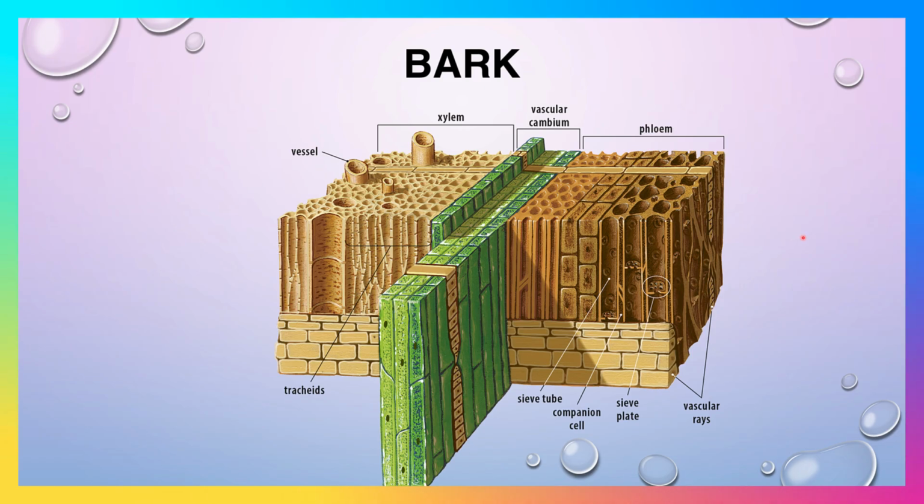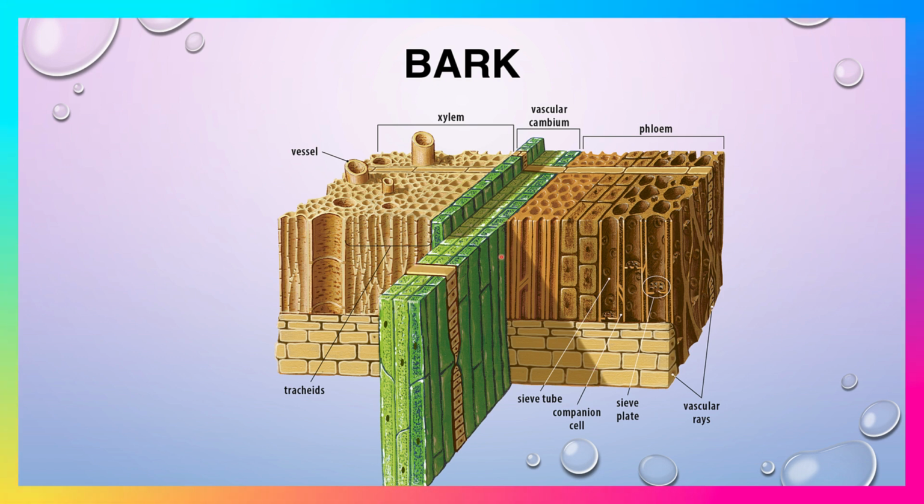So again, if we look at the bark, we start in this area with the phloem, and the phloem is made up of sieve tubes and sieve plates, and then in between phloem cells are companion cells that support. Now these vascular rays are vascular tissue that go from inner to outer instead of from top to bottom.